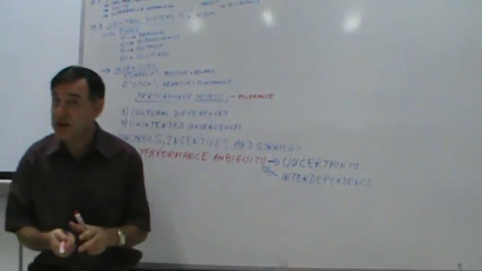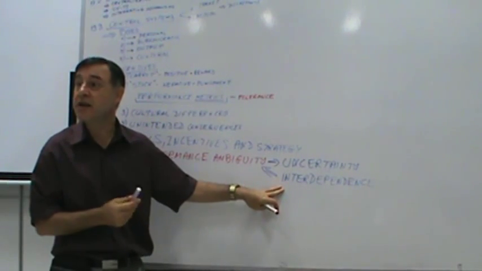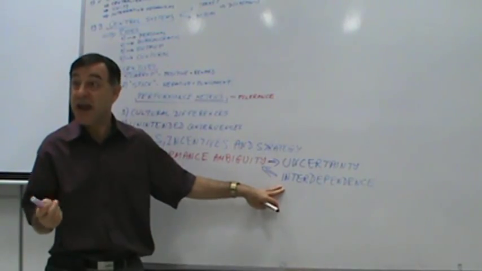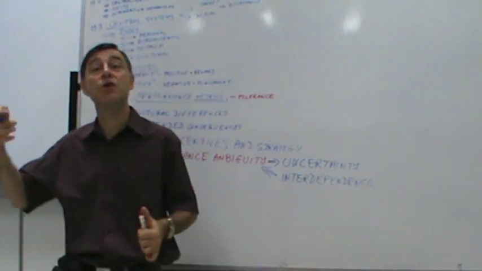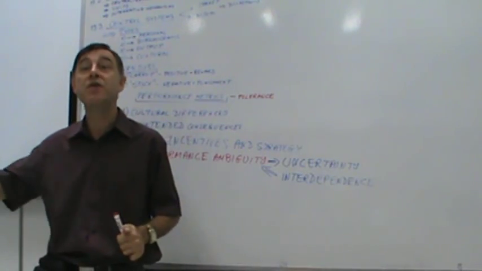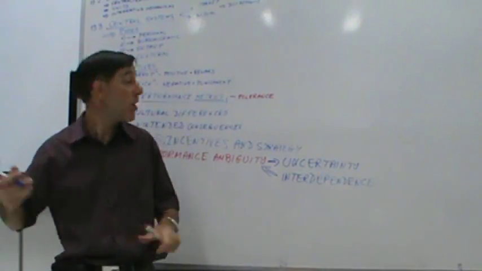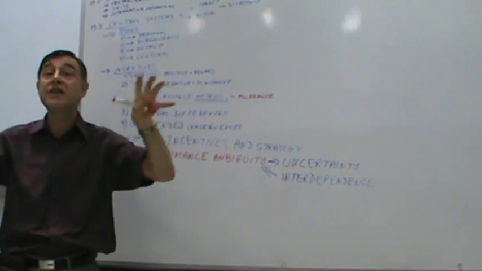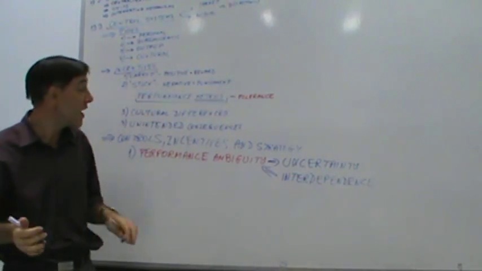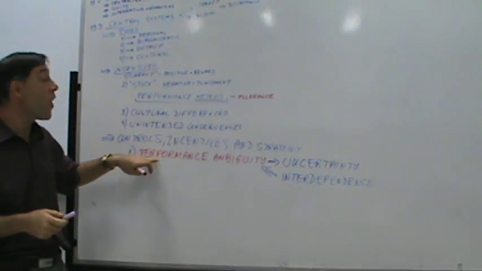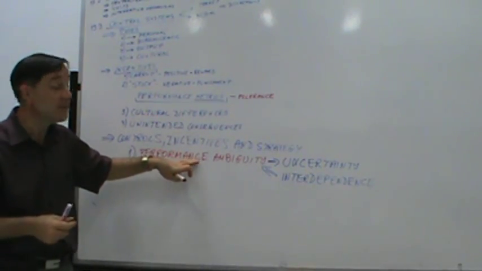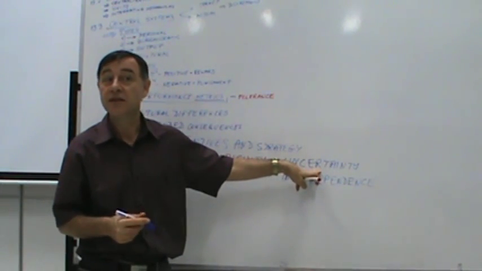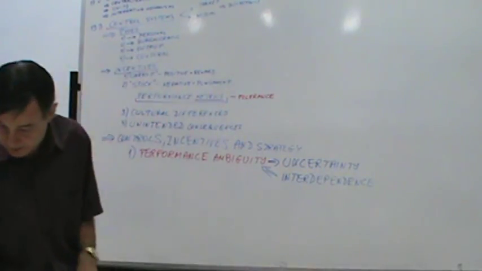Interdependence. Sales depends on marketing, and sales depends on engineering. But at the same time, engineers depend also on sales and marketing. Maybe not as much, but they do depend on those. So you have interdependence between different units, between different departments. Okay? And interdependence causes performance ambiguity, and performance ambiguity causes or creates or increases uncertainty.